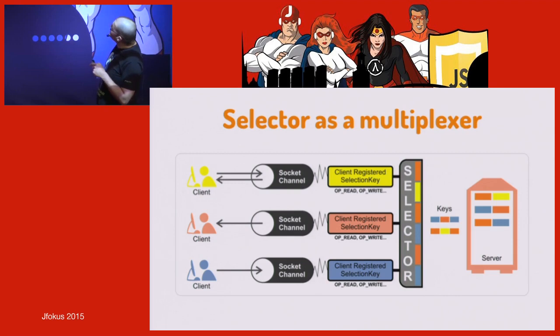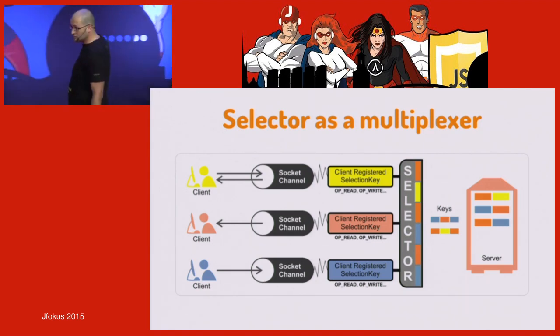So this one registered itself for the yellow operations, this one for the red operations, and this one for the blue operations. They got registered, and now there are events coming from the server, different kinds of events, and the selector knows how to select which handler should take care of which operation, depending on the type they registered beforehand.